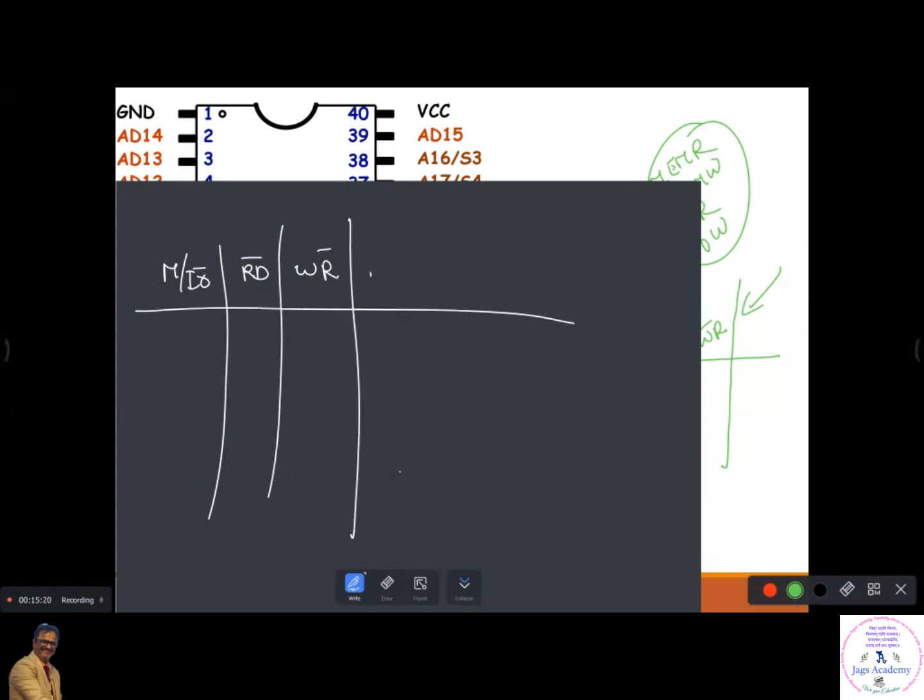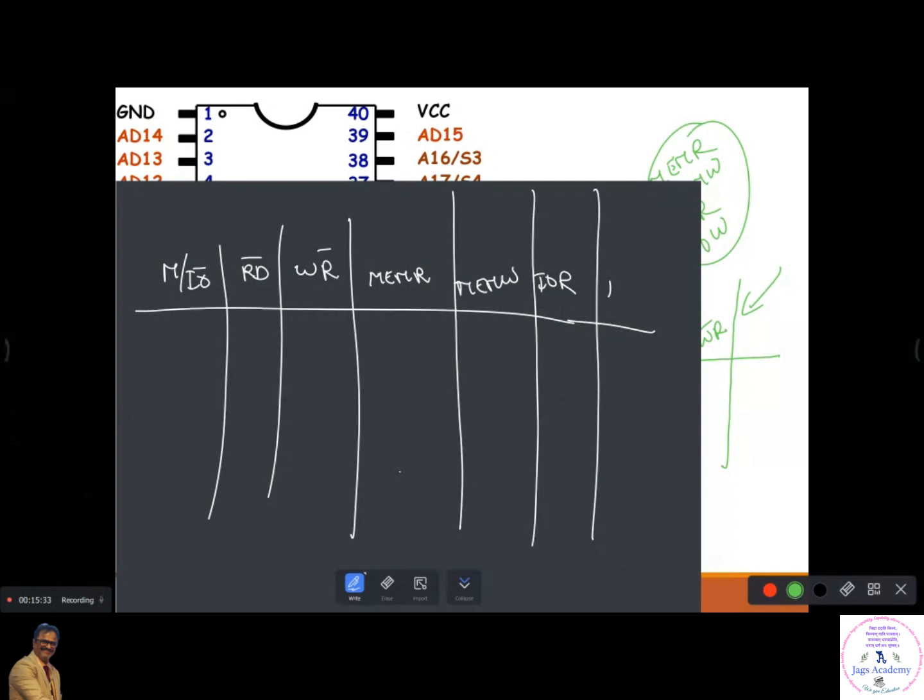I will write memory read, memory write, IO read, IO write. I have these three pins in a microprocessor, but I have to generate 4 signals out of them, because memory write, memory read, IO write and IO read are separate signals.